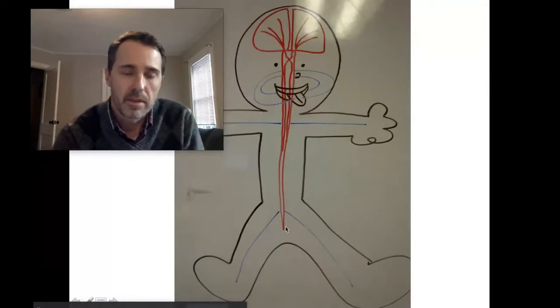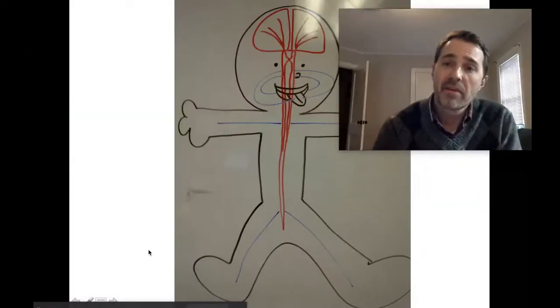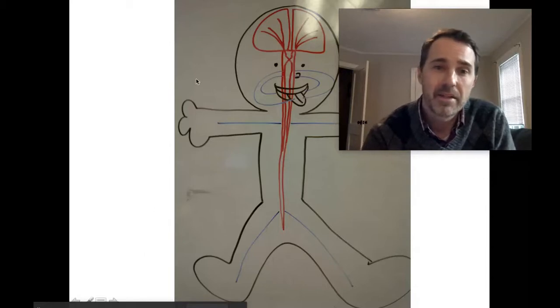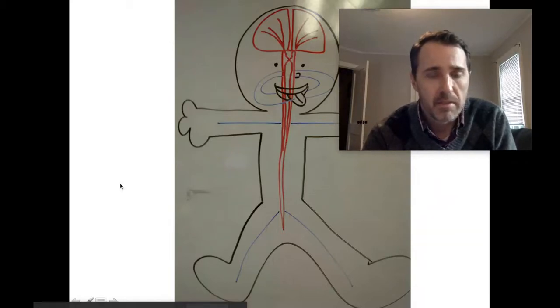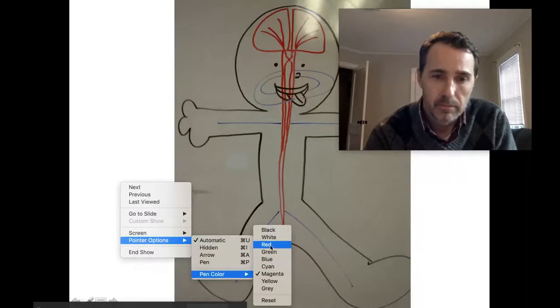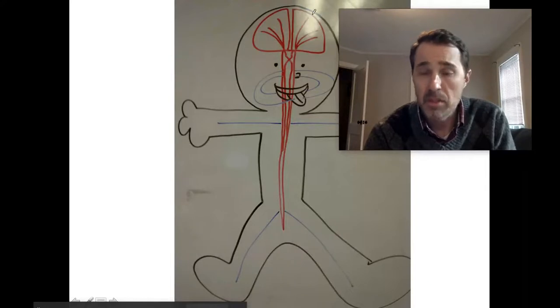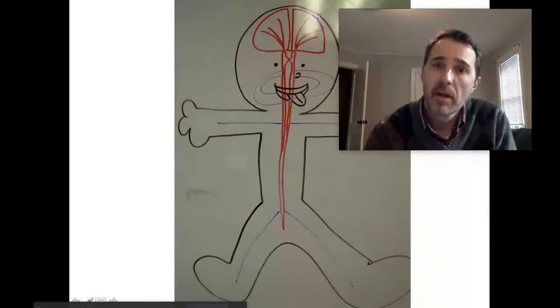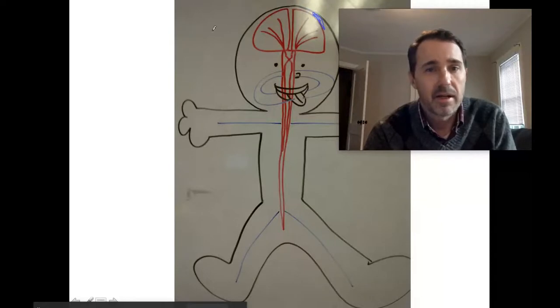All right, so let's look at this guy real quick. Instead of sending a motor plan out to my hand, let's say I'm going to send a motor plan out to my tongue. So up here at the motor strip, the motor plan is generated. The motor plan is sent down, we'll say this is the left side.